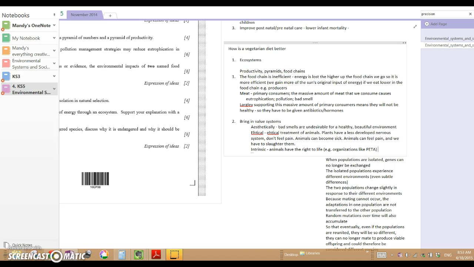And I think I'm going to stop there. I'm going to check the mark scheme, because the main thing in terms of the ecosystem is that we lose energy as we go higher up the food chain.